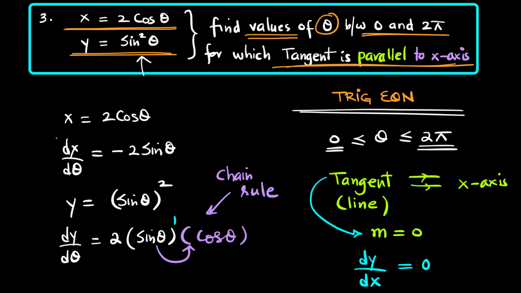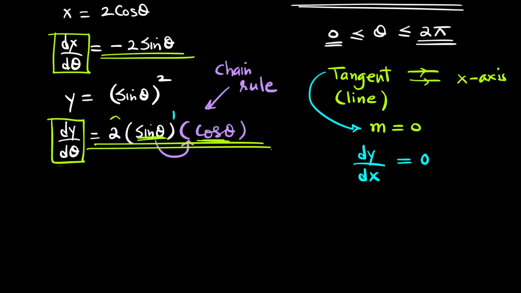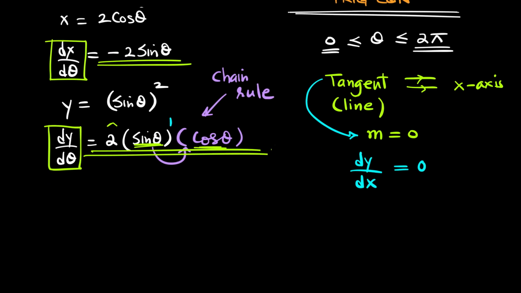What do we have till now? dx by d theta is negative 2 sine theta. dy by d theta is this expression, 2 sine theta cosine theta. Now let's simplify the working. Therefore, we have dy by dx equals 2 sine theta cosine theta.